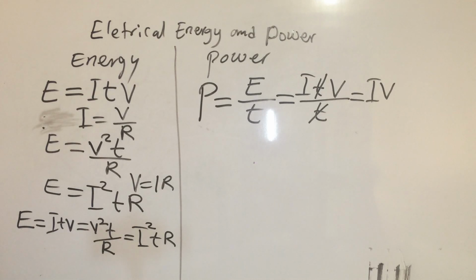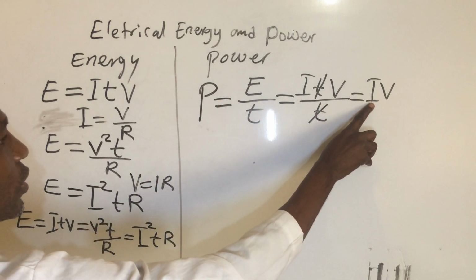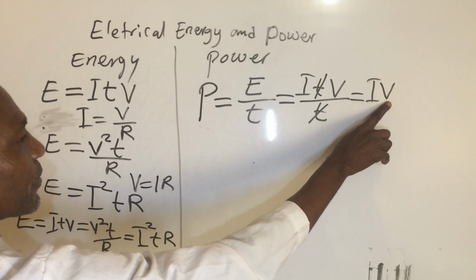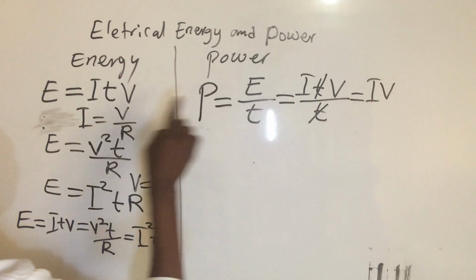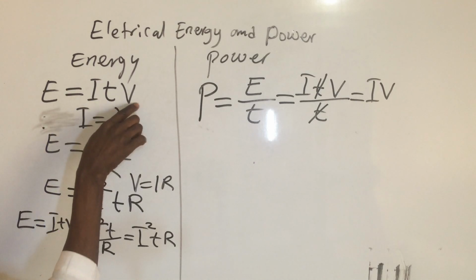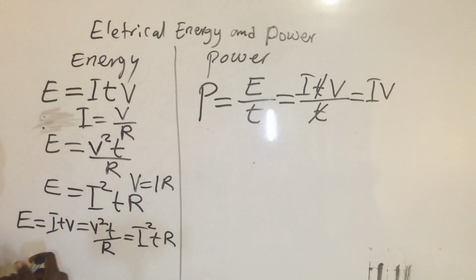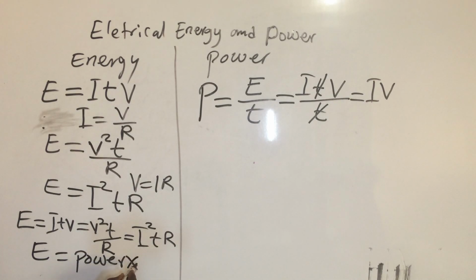Then from this, can you see that power is also current times voltage? And we have current and voltage here. So when we apply these two things, we can now calculate electrical energy with power times time.